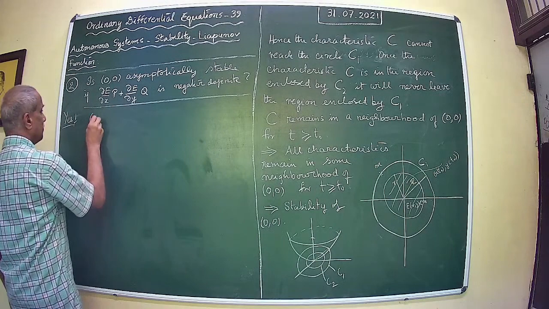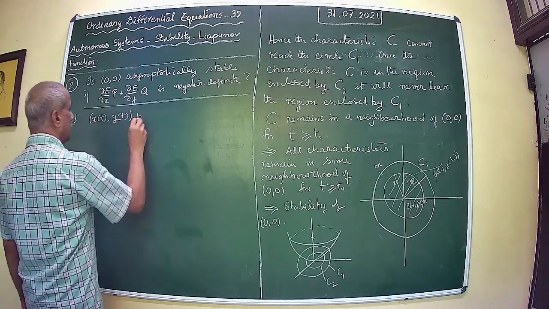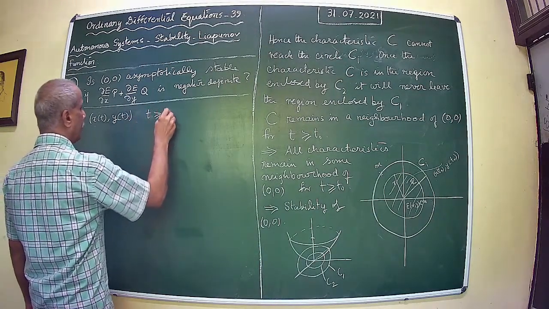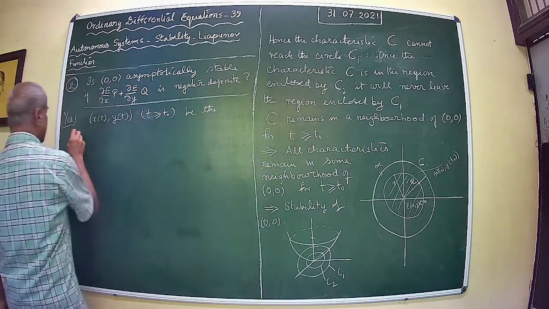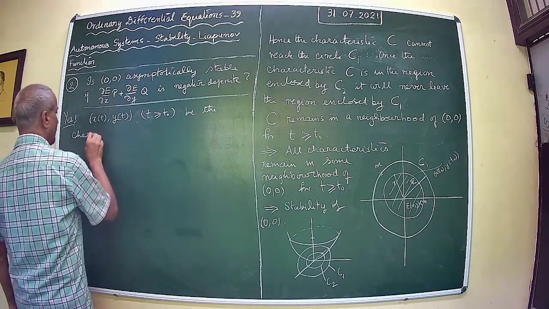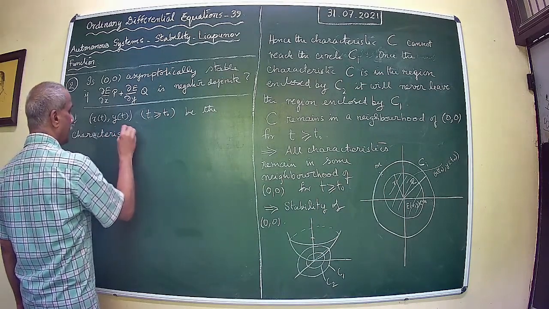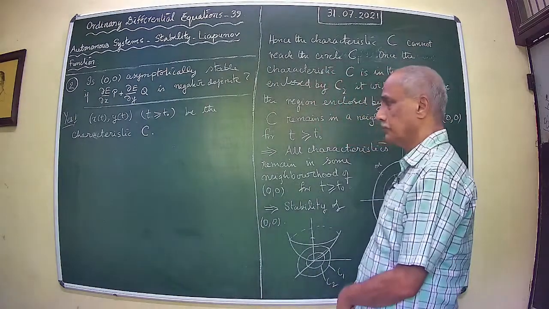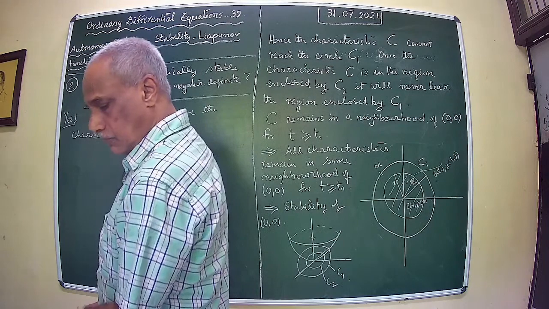Suppose x(t), y(t) be the characteristic denoted by C. Then what do we have?